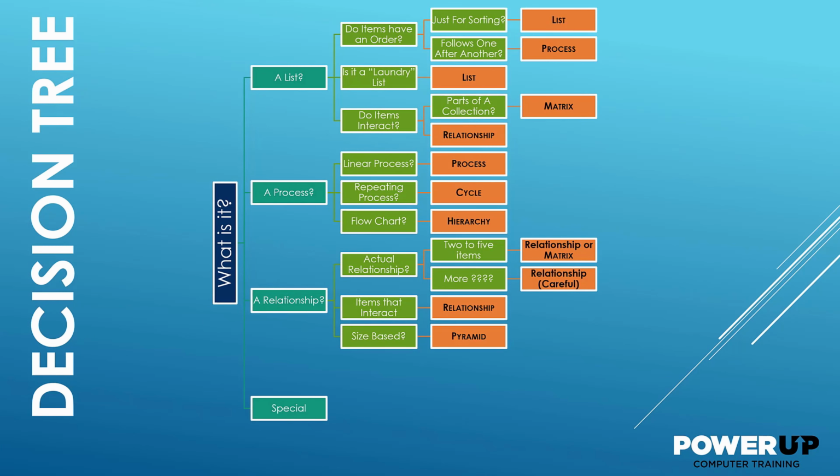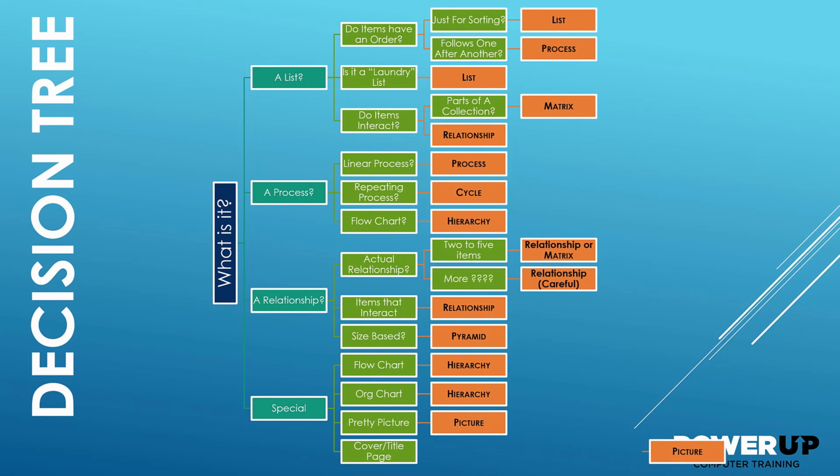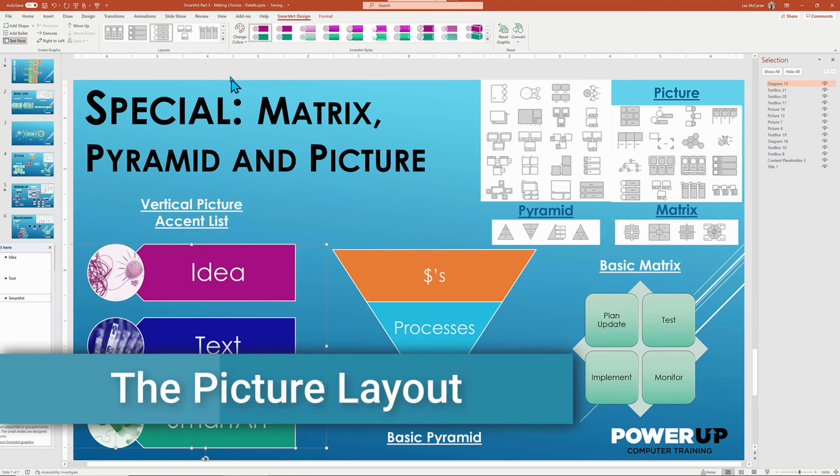For all else that does not fit in our big category decision tree, there are the special group items. Half of these we've already explored, such as flow and org charts. The last 2 categories are pictures and cover pages, and we'll take a look at pictures right now. The picture layout lets you add individual images to accent your ideas.